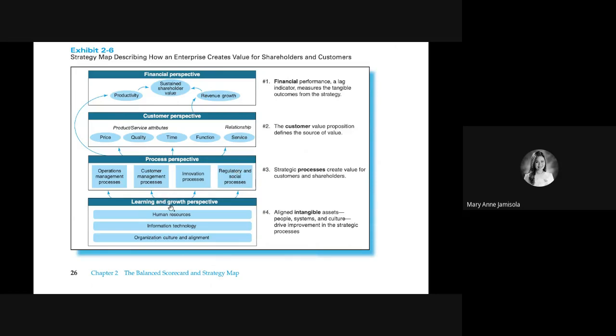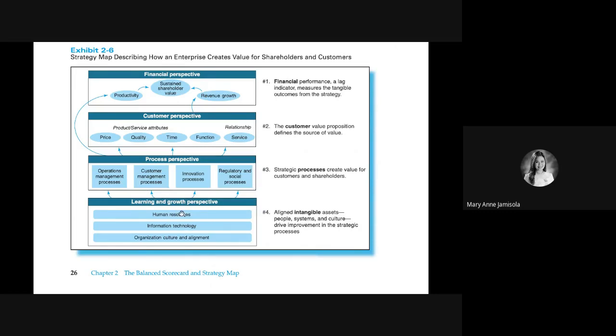And then for learning and growth perspective, these are again our intangible assets. Again, this is different from the intangible assets that we learn in financial accounting, because there in financial accounting, our intangible assets refer to patent, trademark, copyright, right? These intangible assets refer to our people, systems, and culture. Okay, so people, more on the human resources.